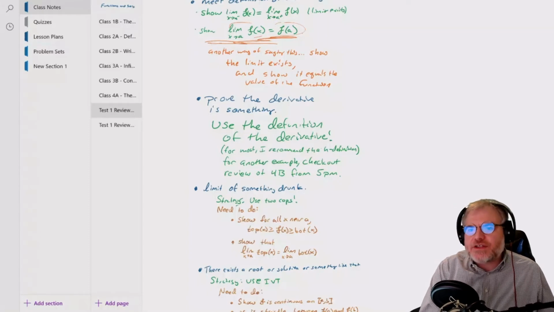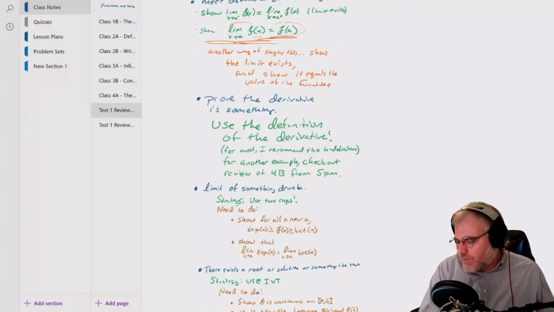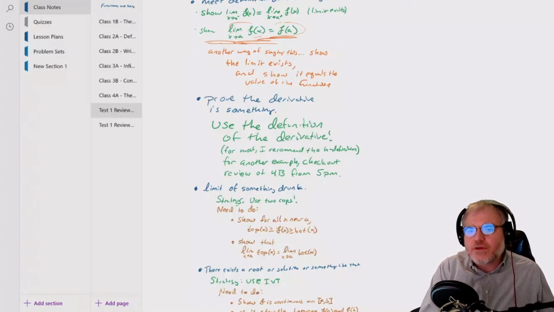Meet the definition of continuity. Meet the definition of derivative, so find a derivative using the definition.